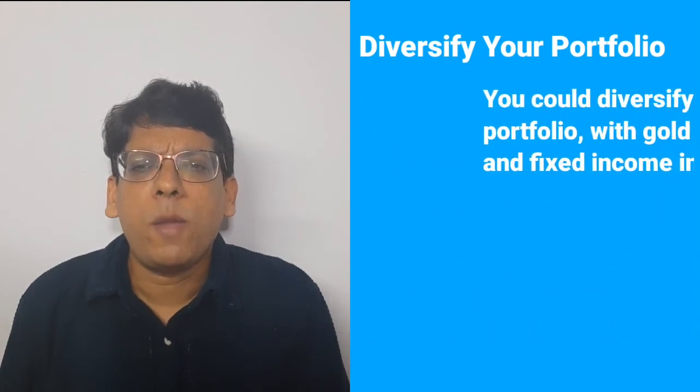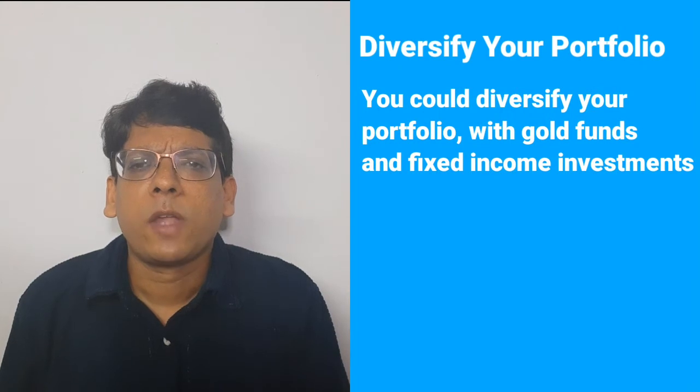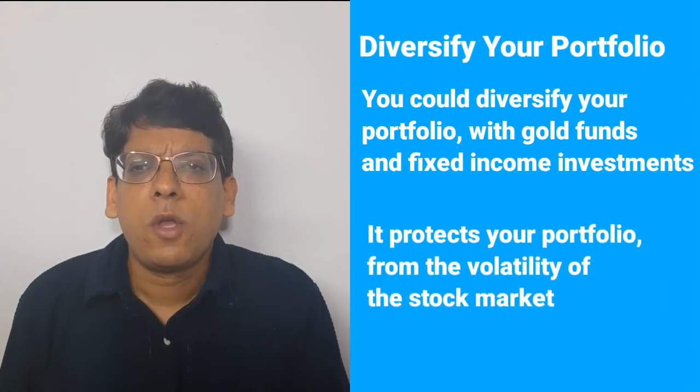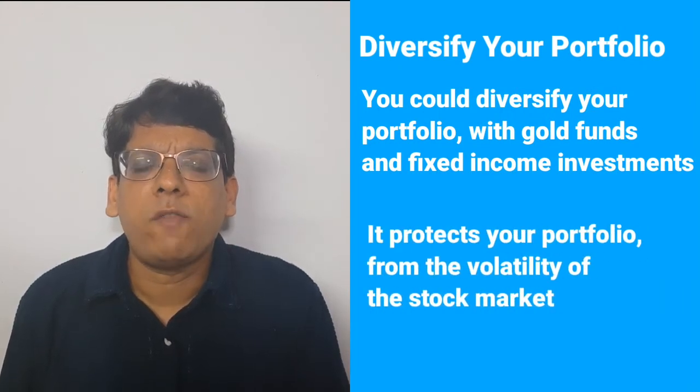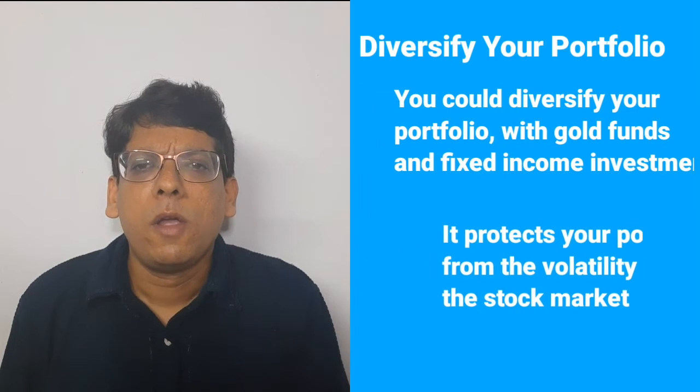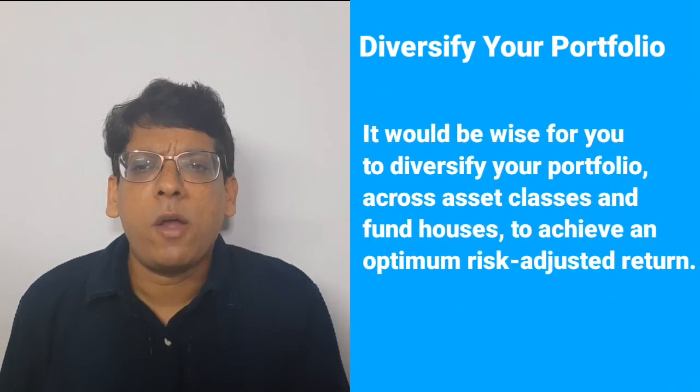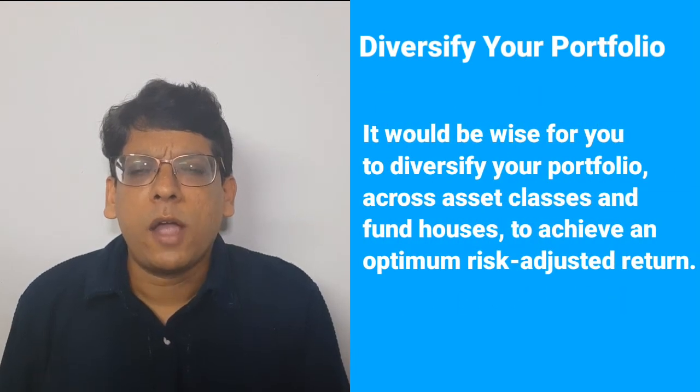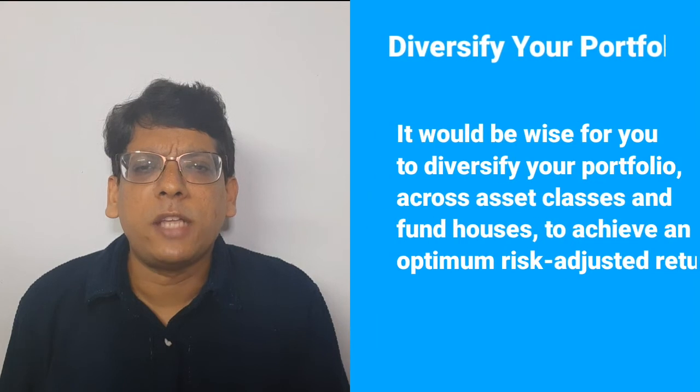You could diversify your portfolio with gold funds and fixed income investments to protect it from the volatility of the stock market. It would be wise for you to diversify your portfolio across asset classes and fund houses to achieve an optimum risk-adjusted return.